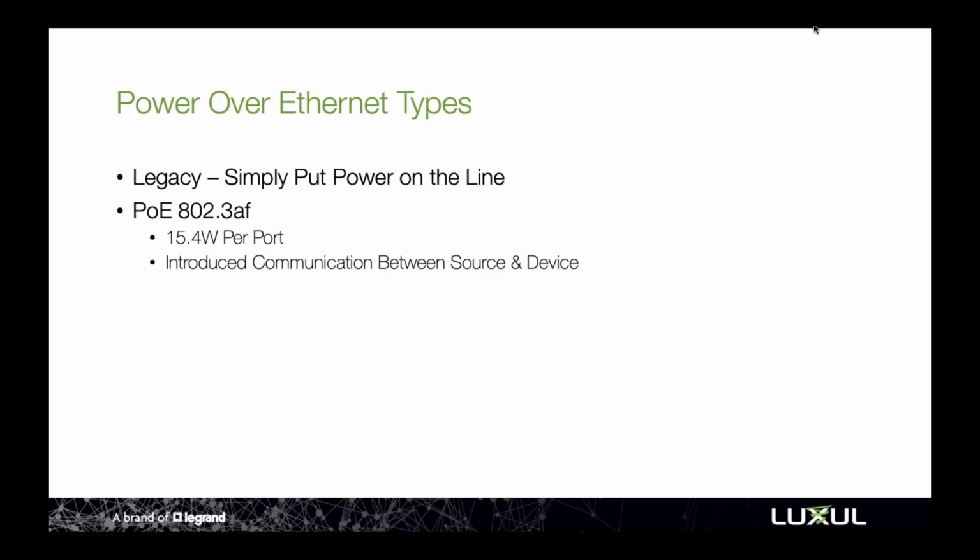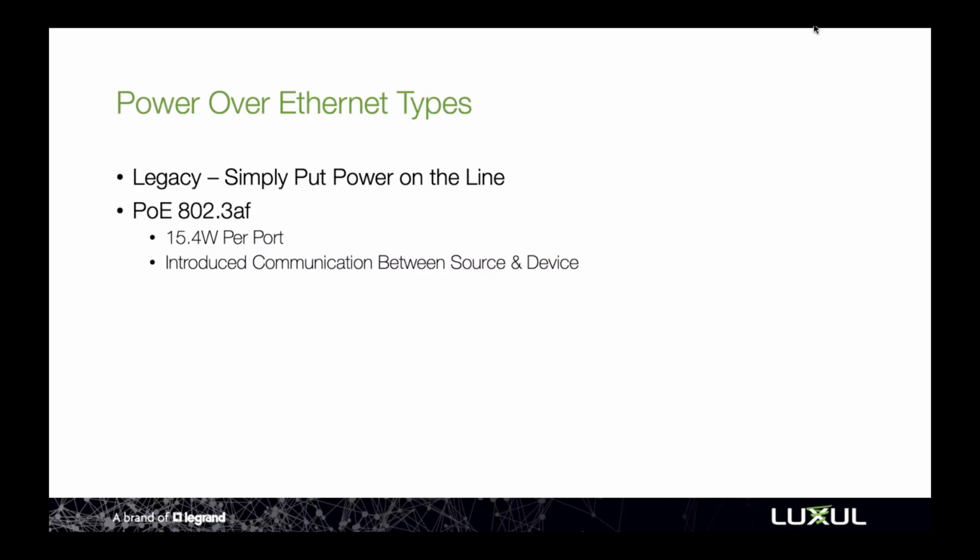The cool thing, the real party trick here, was that they introduced a communication between source and device. So what happens is the device gets plugged in and it says, hey, I need power and data. And so the switch or the injector says, okay, here you go, here's power and data, no problem.